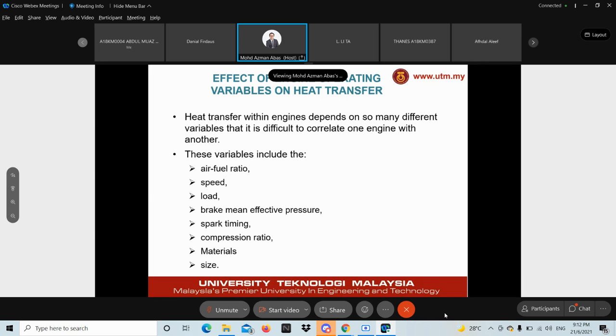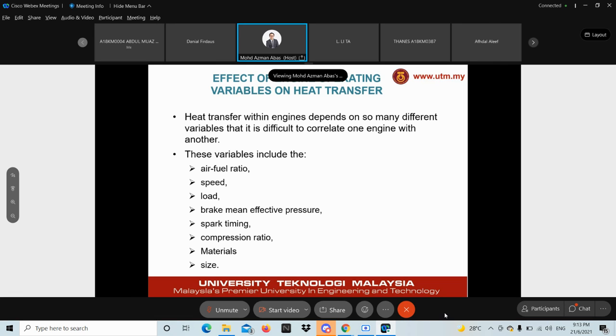It depends on the engine operation. These variables include air fuel ratio, speed, load, brake mean effective pressure, spark timing, compression ratio, materials and size, and these variables are different from one engine to another.